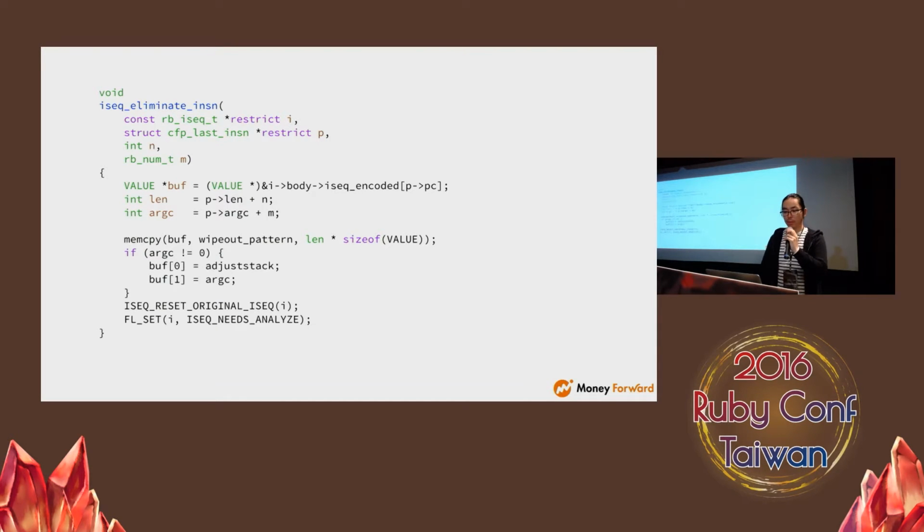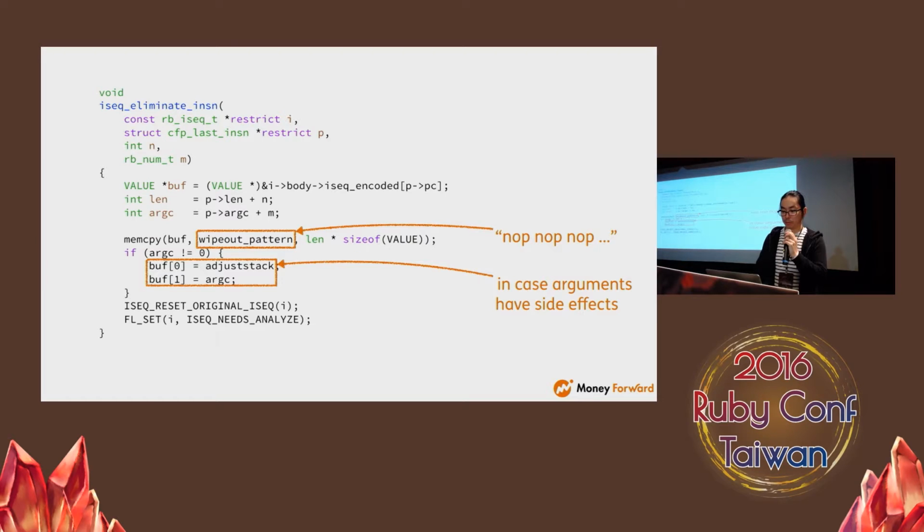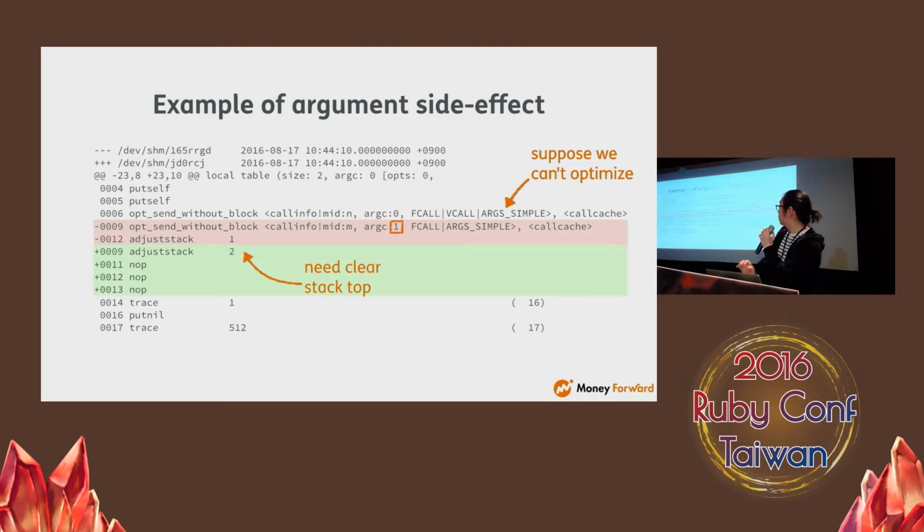Outside is very similar to the constant folding. It first squashes the sequence with the pattern here. Then if argc is non-zero, it fills the first two words inside of it. Well, the argc maneuver is somewhat complicated. If a method takes arguments, the arguments might have their own side effects.